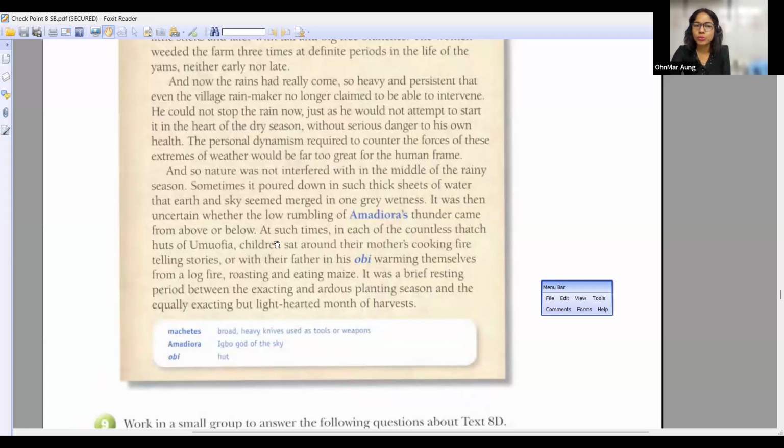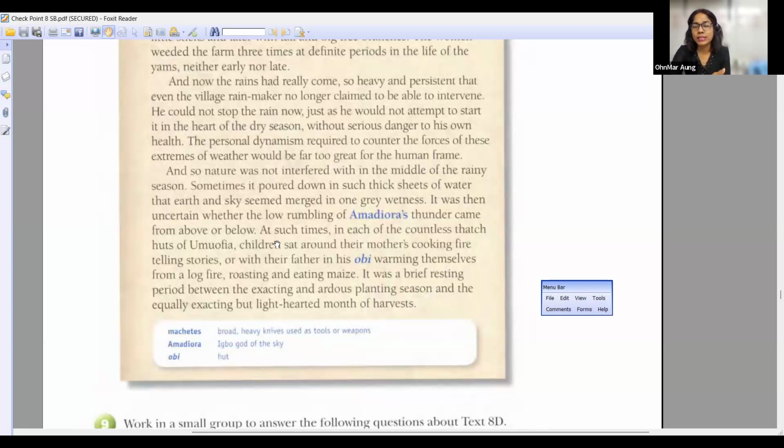If there is drought, the rainmaker has to create the rain. That is called a rainmaker. But here, it rains regularly. The rainmaker doesn't need to create it. He could not stop the rain now, just as he would not attempt to start it in the heart of the dry season.